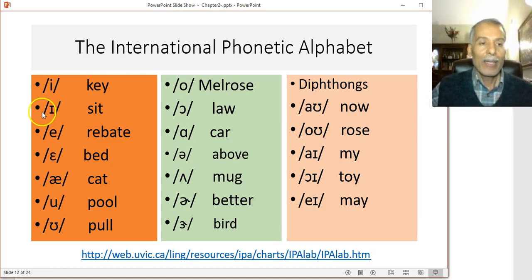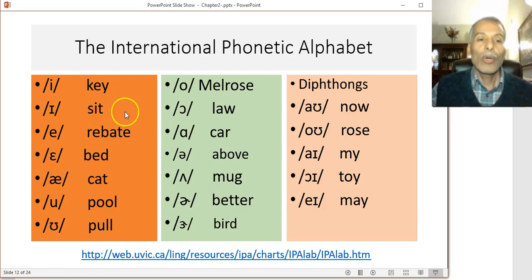When you look for words that have it, you are going to find the word it, sit, fit, fig, kit, kitten.